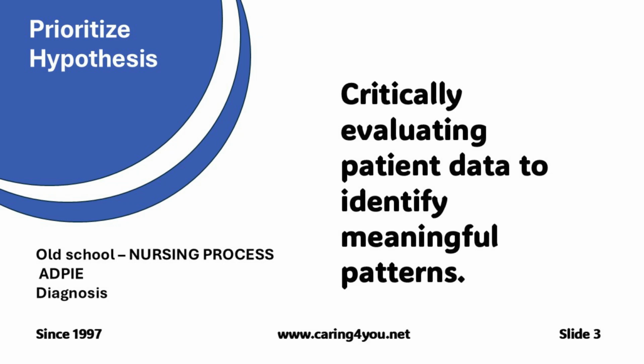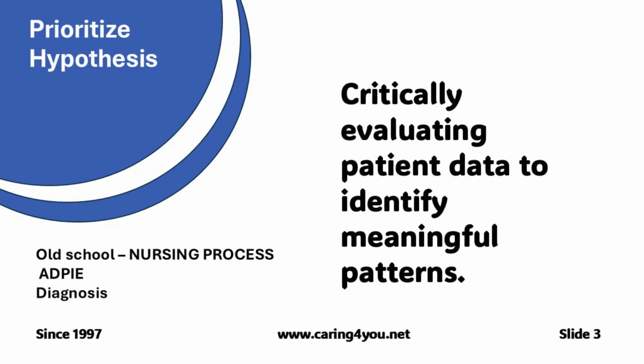When we recognize cues and analyze cues and start to come up with possible diagnoses, we don't know if this is the right diagnosis, right? This is just a hypothesis. So the clinical judgment measurement model is calling the diagnosis a hypothesis, because that's just what we're doing. We're giving our professional opinions to come up with a diagnosis.